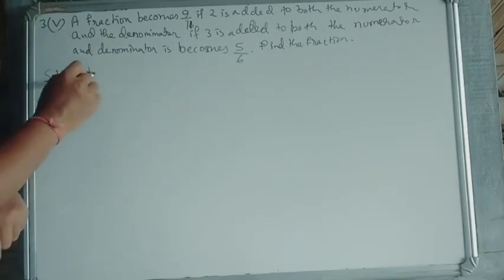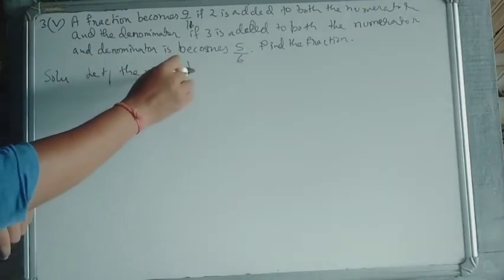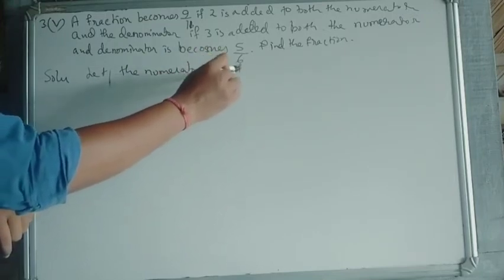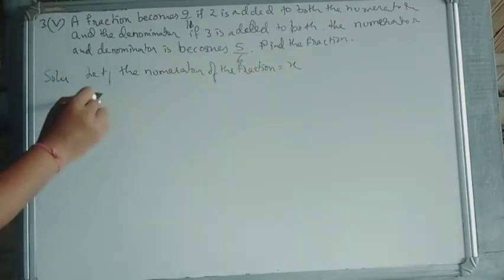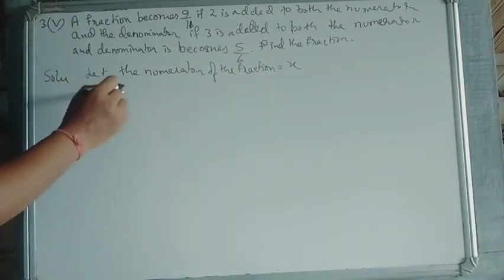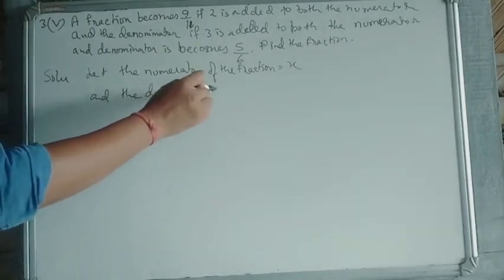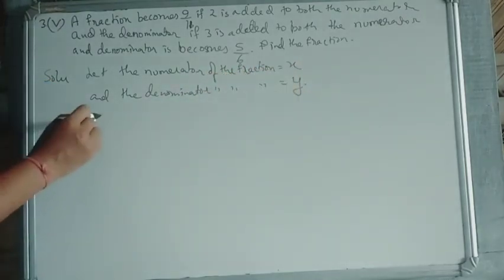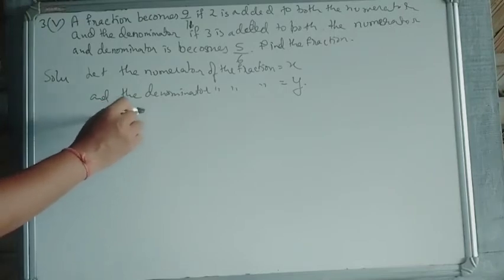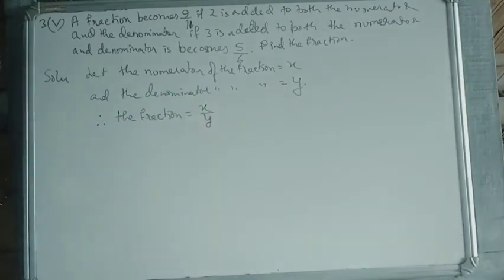So we'll say let the numerator of the fraction be equal to x and the denominator of the fraction be equal to y. So therefore the fraction is equal to x by y, is it or not? If the numerator is x and the denominator is y, it will become x by y.